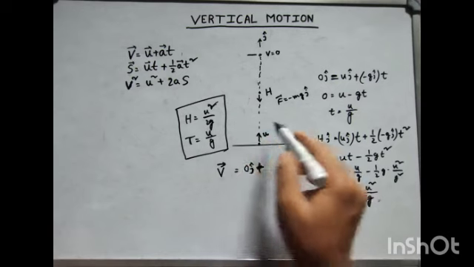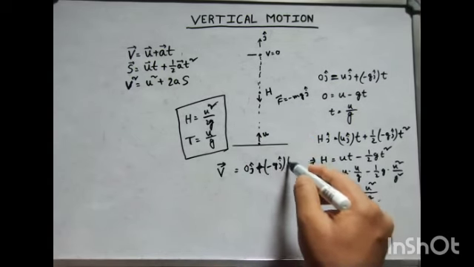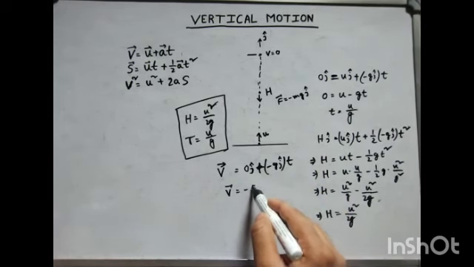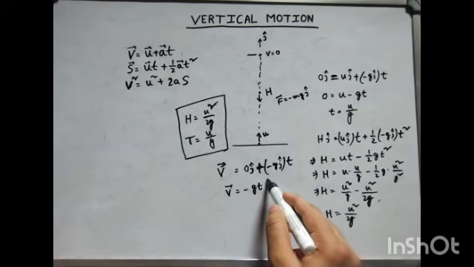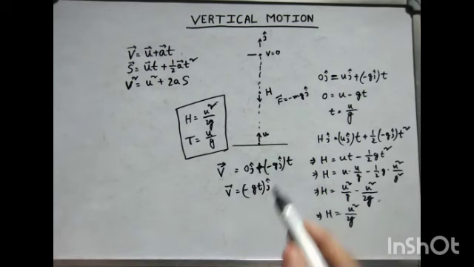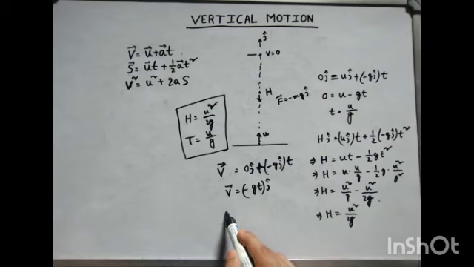Plus a vector is always downwards, so this is minus g j cap and t. So v vector should be minus g t j cap, and we don't know this value of t. Now what about s vector?